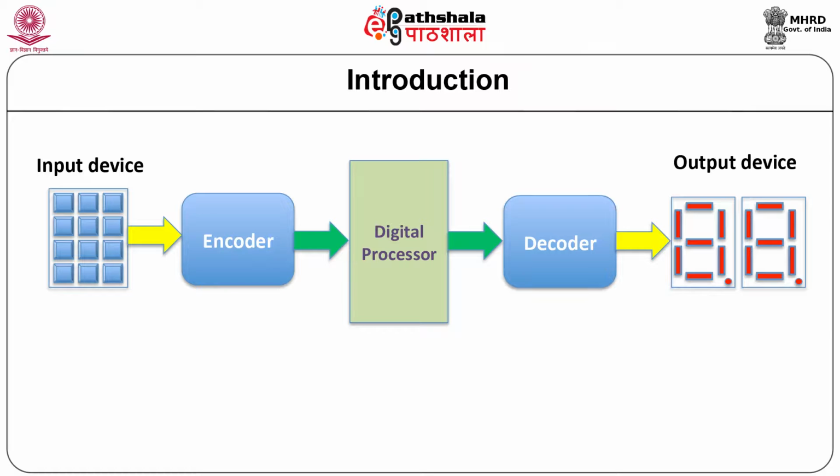BCD, binary, octal, hexadecimal, ASCII and decimal are the most common codes used in digital systems. Thus, encoders and decoders play an important role in the code conversion process in digital systems. One can make a comparison of the above system with the functional blocks of a handheld calculator.